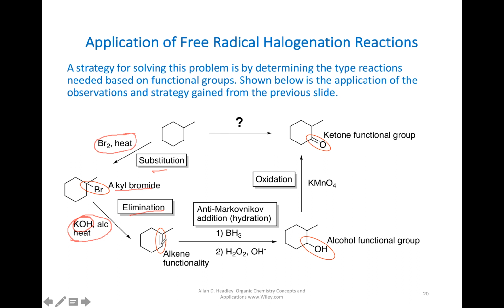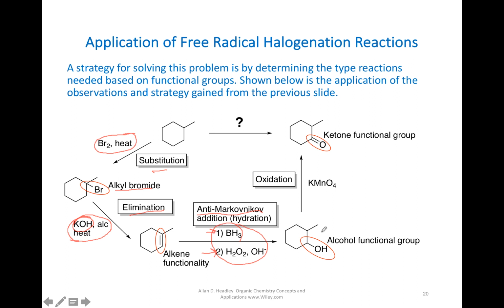To go from your alkene to your alcohol, it's a hydration, but as I pointed out, it's an anti-Markovnikov addition. So here are the reaction conditions for the anti-Markovnikov hydration. Notice two steps, step 1 and step 2. So you'll have to indicate separate steps.